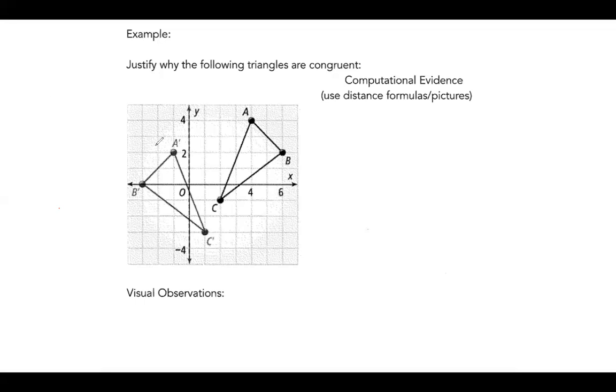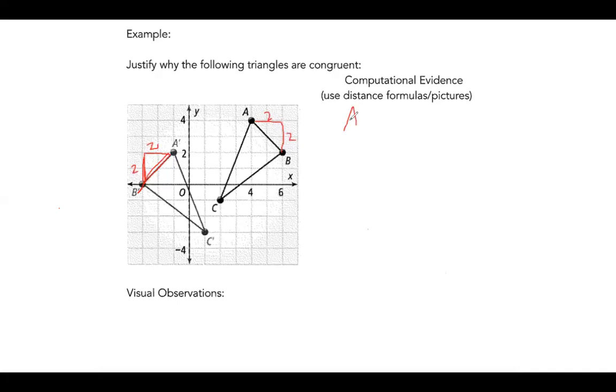I'll start with AB, and I'm going to go in red here. So that's the red triangle. It is a 2 by 2 right triangle. And likewise, it's 2 by 2 in the other direction as well.